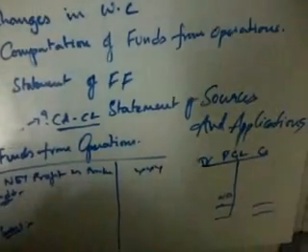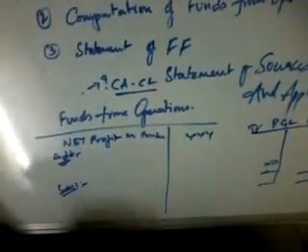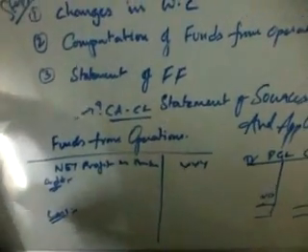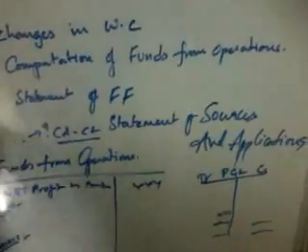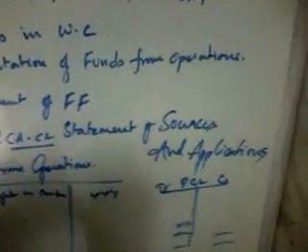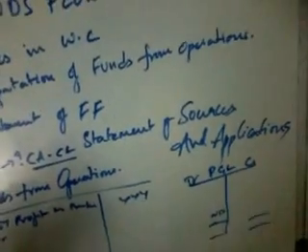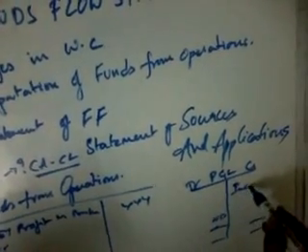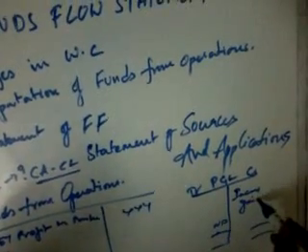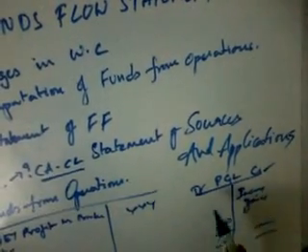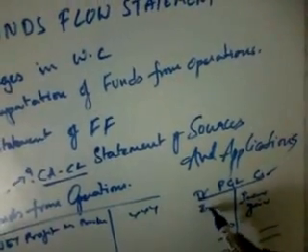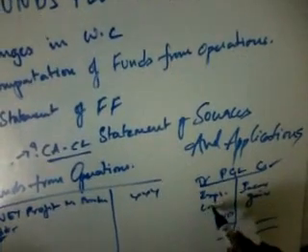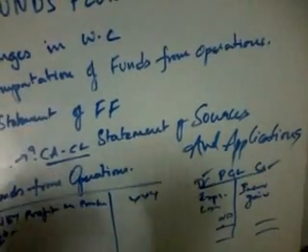We should know what items will come in the P&L account. In the P&L account, we will have all kinds of incomes and gains on the credit side, and all kinds of expenses and losses on the debit side.